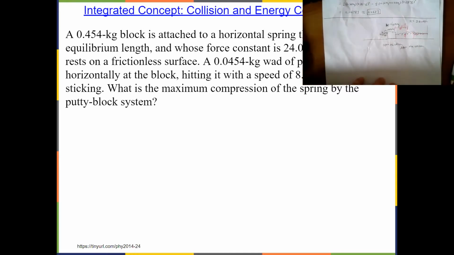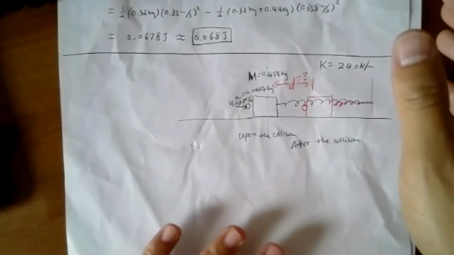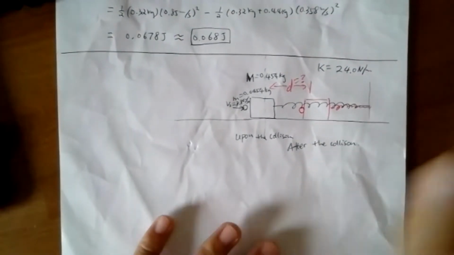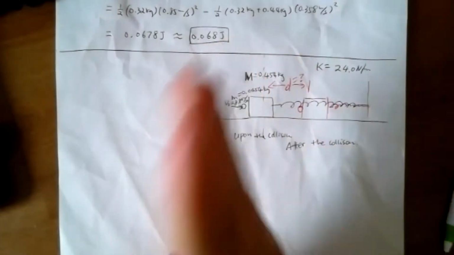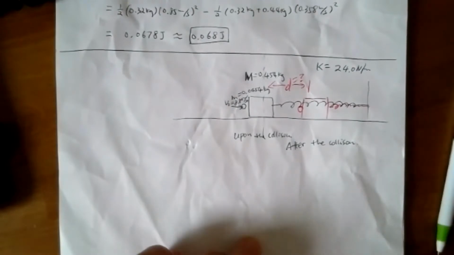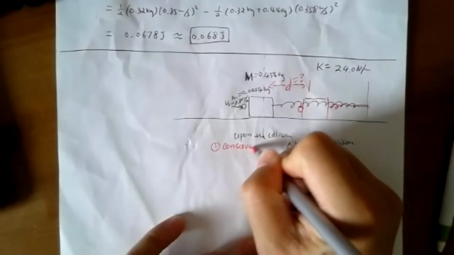Let me stop sharing so you guys might have a larger view on your side. If you click on speaker view, you should get a larger view now. Then upon the collision, because it's a collision problem, you can apply conservation of momentum.